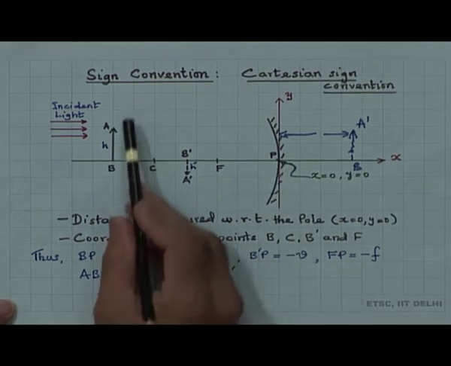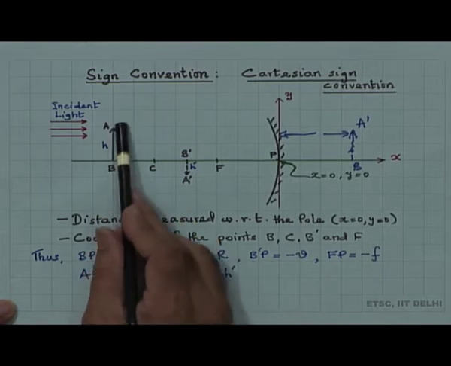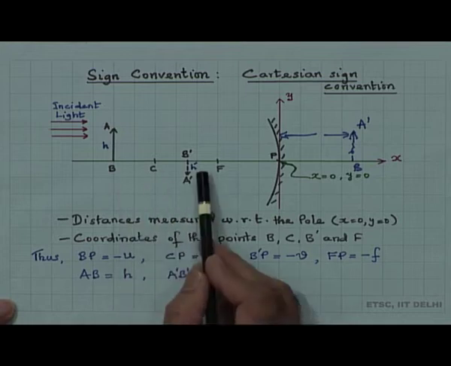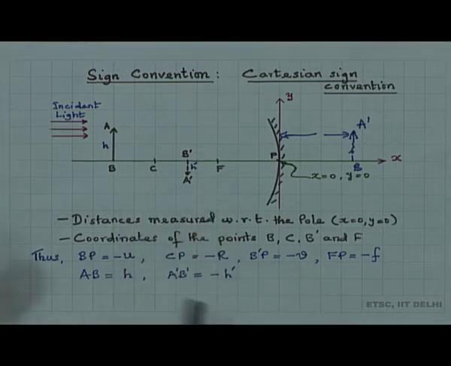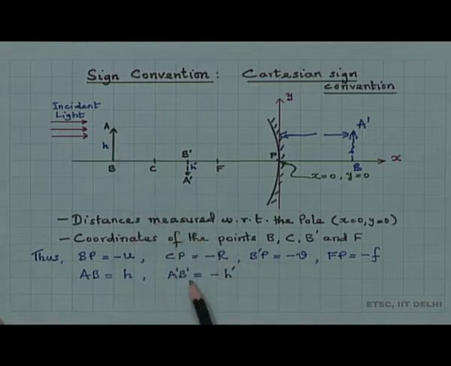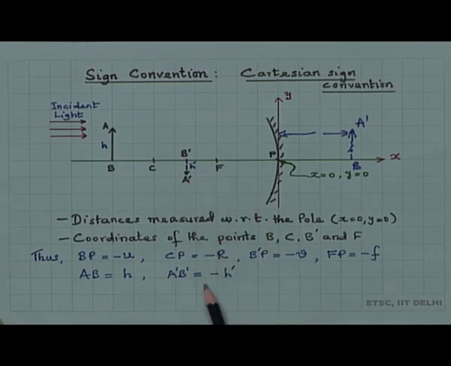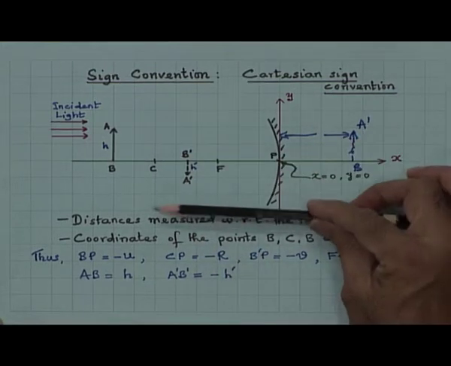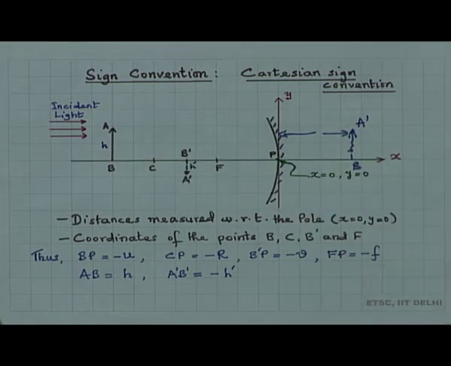Any distance above, that is the length here h, is positive, and in the negative y axis is negative. Therefore, AB, that is the size of the object here, is positive h, and A dash B dash is minus h dash. H dash is the size of the image, but A dash B dash is minus h dash because of the sign convention. It is below the x axis in the y direction.